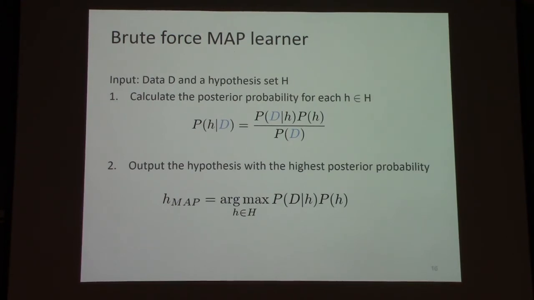If, say, you have a hypothesis space capital H, what you do is you iterate through this entire hypothesis space, and for each one of them you calculate the posterior probability of that hypothesis given the data, and then you pick the one that has the highest value. Technically, this problem is solved. I mean, of course, that's a ridiculous algorithm. It's not gonna work for anything but the simplest case. But conceptually, that's what it is.